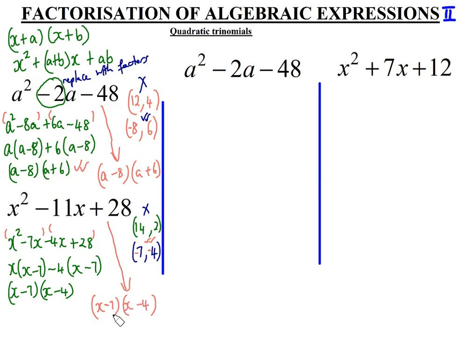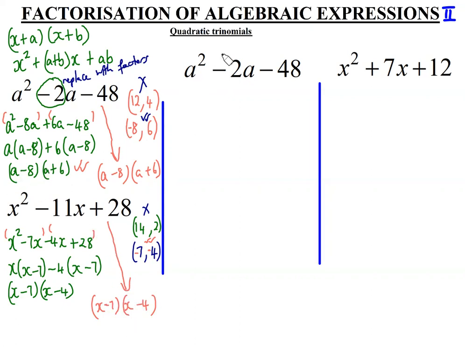You can just go straight to the answer, x minus 7, x minus 4. Because what you need to do here is to get the factors in this form: you multiply them, you get the constant; you add them, you get the coefficient of x. Okay, let's continue. Now we're going to start doing this shortcut.